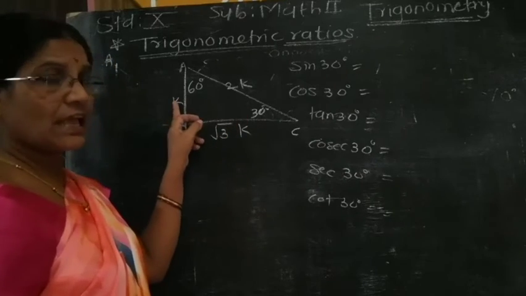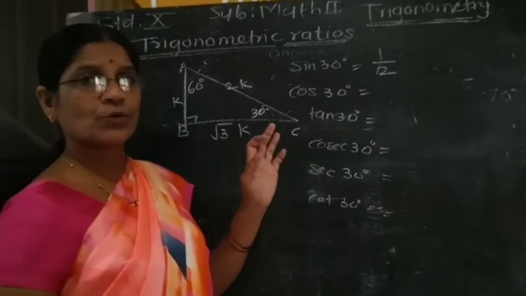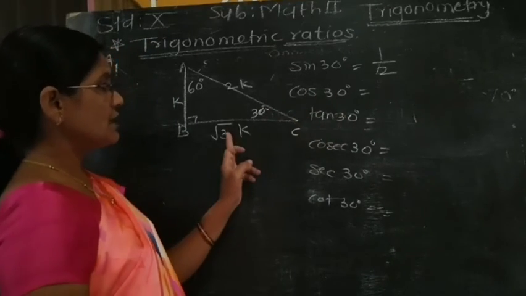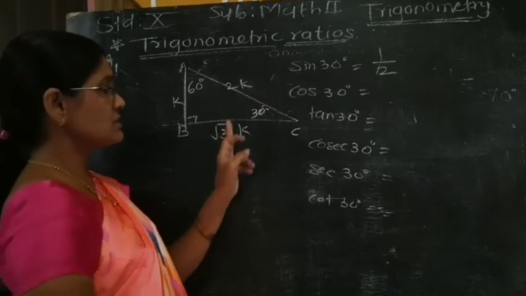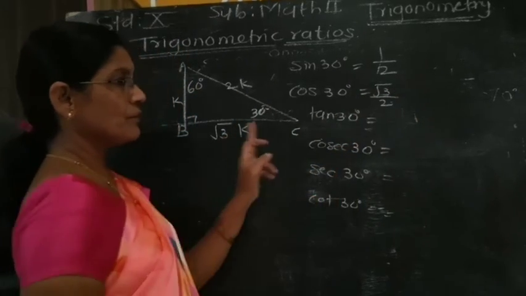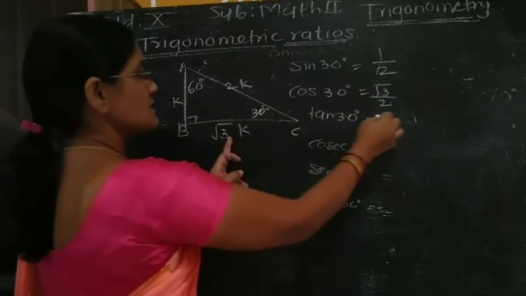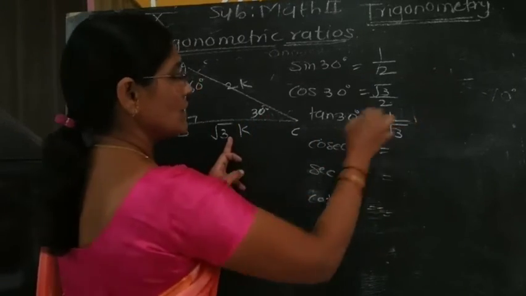Opposite side is k upon 2k, means k will be cancelled, value is 1 upon 2. Cos 30, adjacent side upon hypotenuse, k cancels, means the value obtained is root 3 upon 2. Tan 30 degree, opposite upon adjacent, means that will be 1 upon root 3.